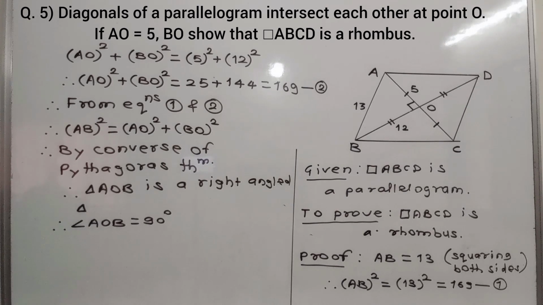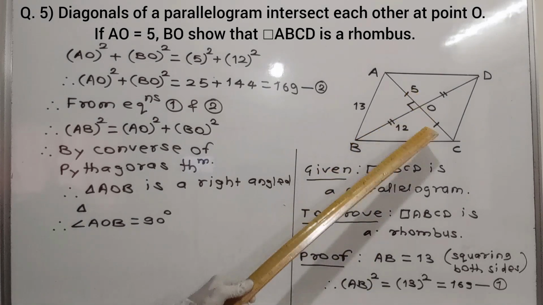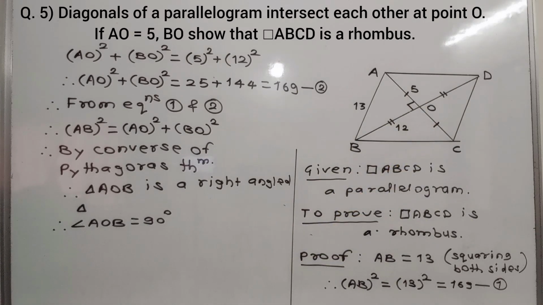Then the remaining quadrilateral is rhombus. In a rhombus, diagonals bisect and are also perpendicular to each other.